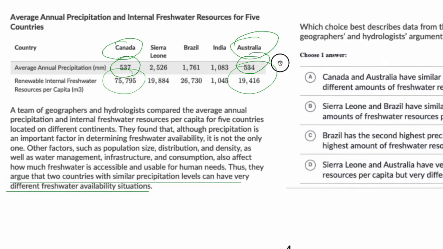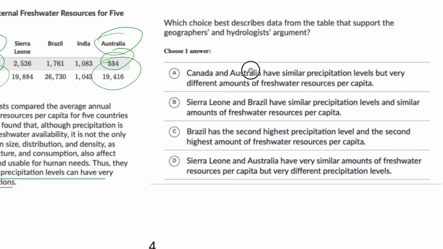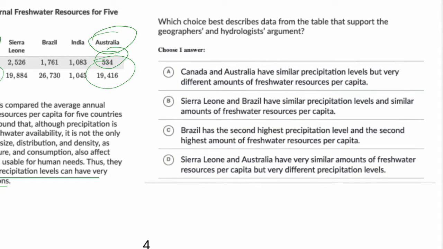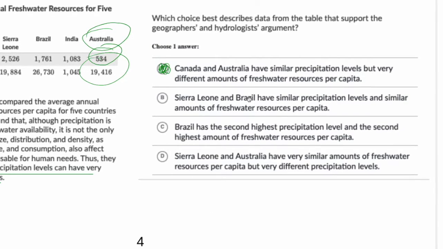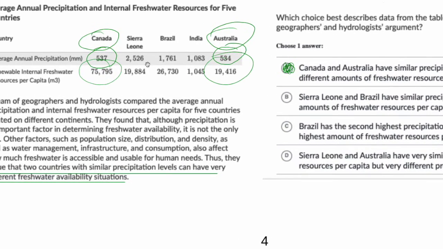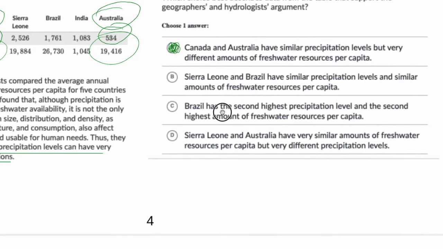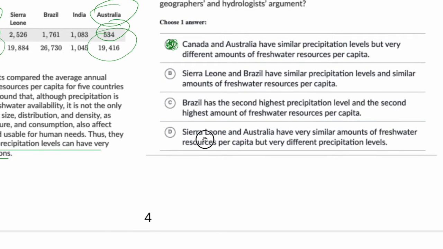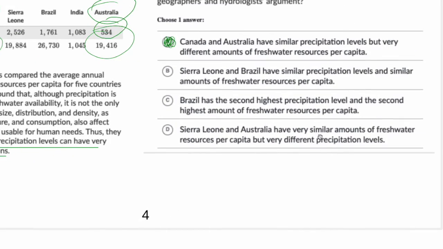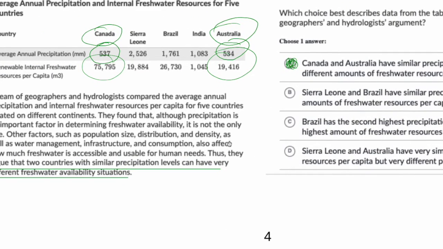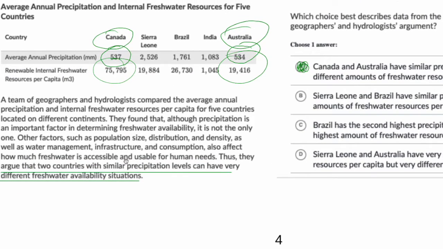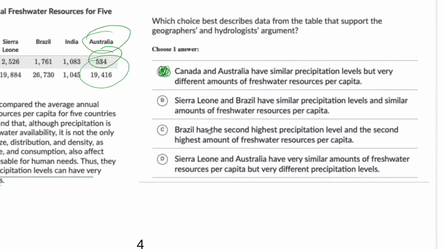We need our answer choice to mention Canada and Australia. We do want to be careful and read it so that we don't make a silly mistake, but Sierra Leone and Brazil don't have very similar precipitation levels. This one only mentions 1 country, and D mentions similar amounts of freshwater resources. But no, we want similar precipitation levels, and that only really occurs with Canada and Australia here. So it's definitely going to be A.